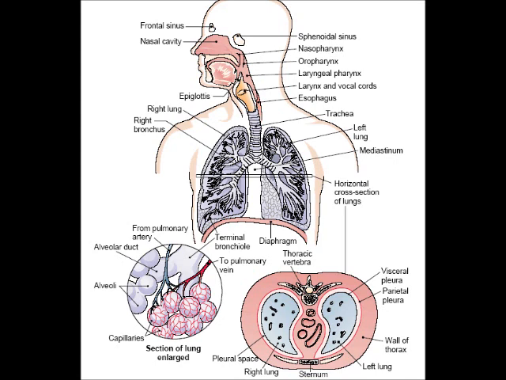During internal respiration, or cellular metabolism, an acid is produced. And this is called carbonic acid.